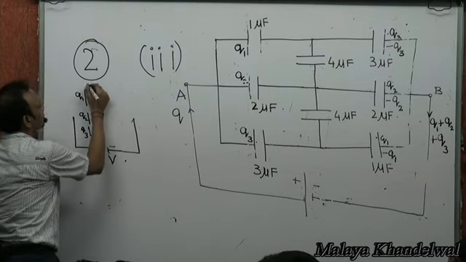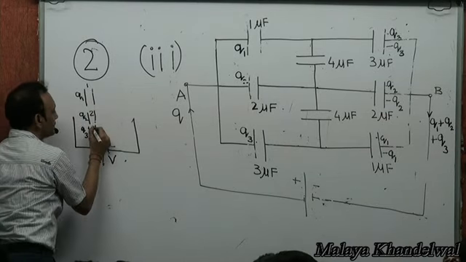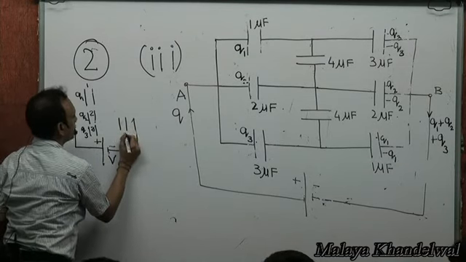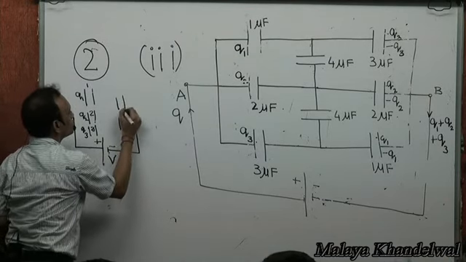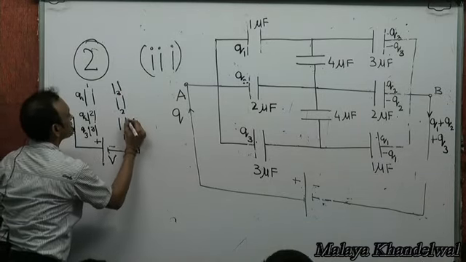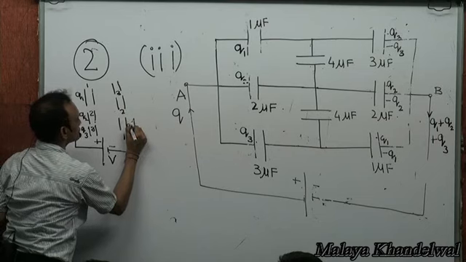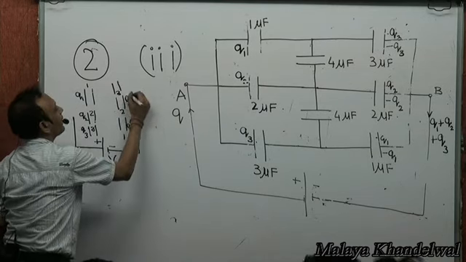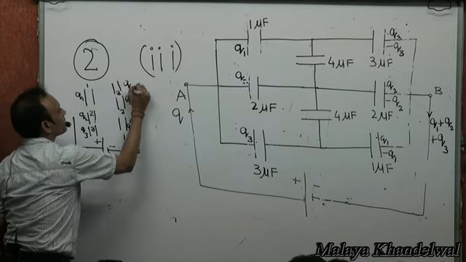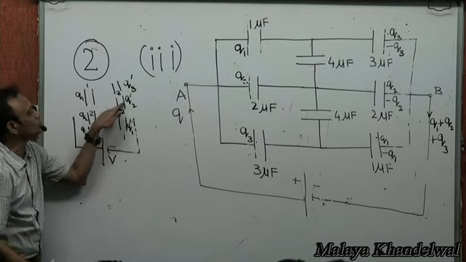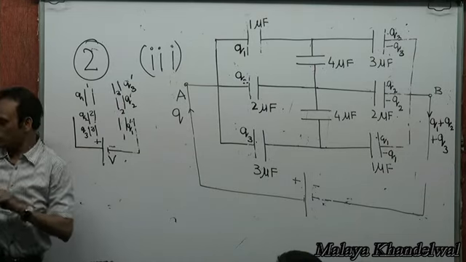And this was 1, 2, and 3. And then there was 1, 2, and 3 with, say, charge Q1 prime, Q2 prime, and Q3 prime, say. With the original state, 1, 2, and 3 had, say, Q1 prime, Q2 prime, and Q3 prime, right?